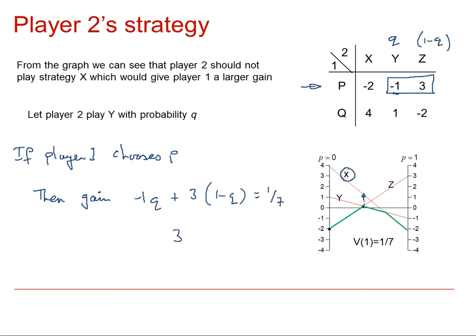That gives us 3 minus 4q is equal to 1 over 7, and therefore 4q is equal to 20 over 7, and q is therefore equal to 5 over 7. So player 2 should play y with probability 5 over 7, and therefore z with probability 2 over 7.